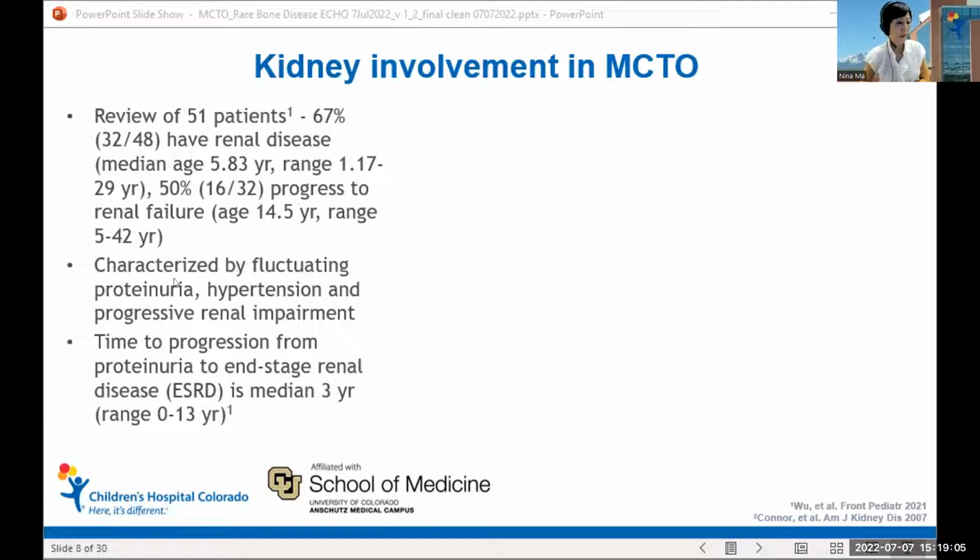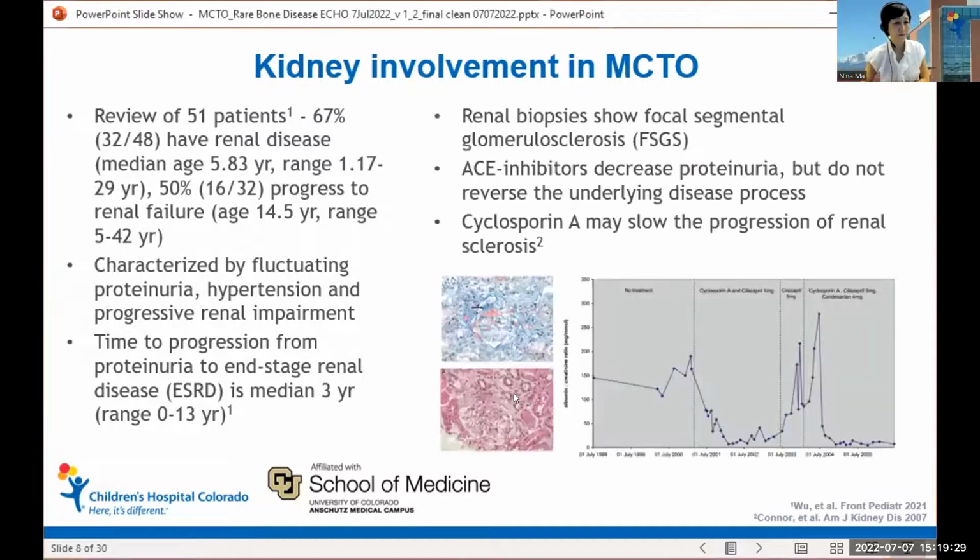The renal involvement in MCTO can be pretty variable, but it's usually characterized by a fluctuating proteinuria. They can develop hypertension, and there's progressive impairment of renal function over time. The estimated time to progression from proteinuria to end-stage renal disease is around 3 years, with a range of 0 to 13 years.